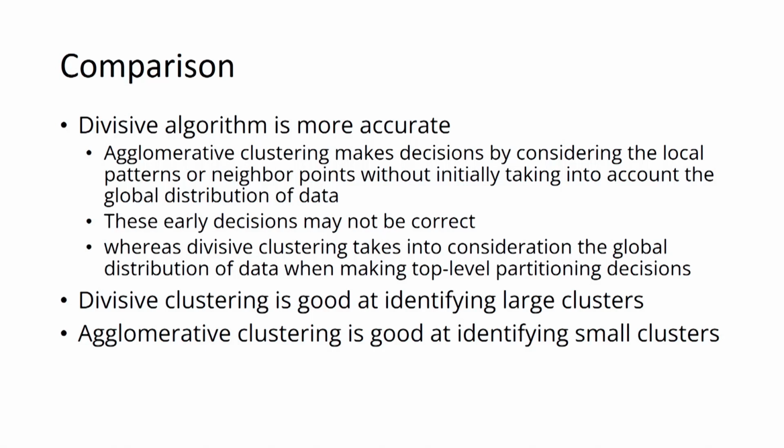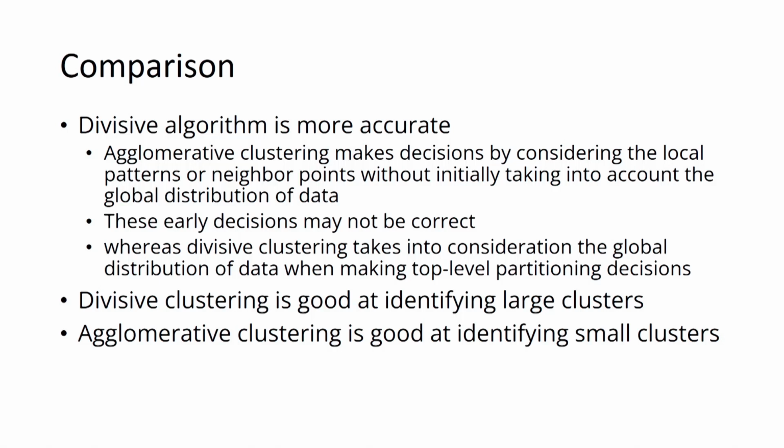Because when we are dividing the whole data set, corresponding to one cluster, into two clusters, at that time we are considering the global distribution of the data, and then we are dividing it, and then again when we are dividing one of these two clusters, we are doing the same.